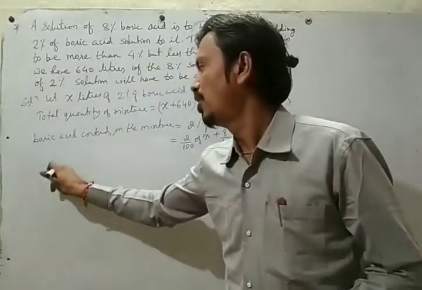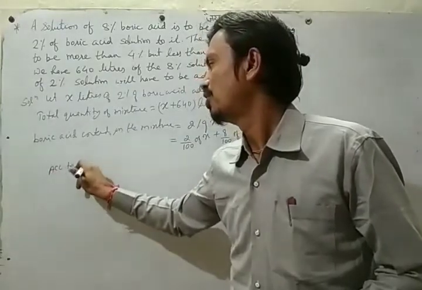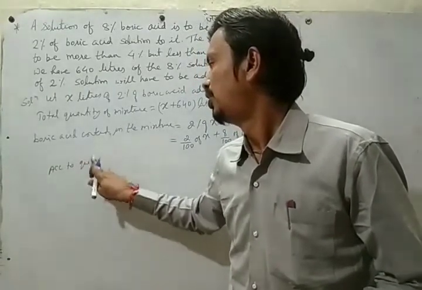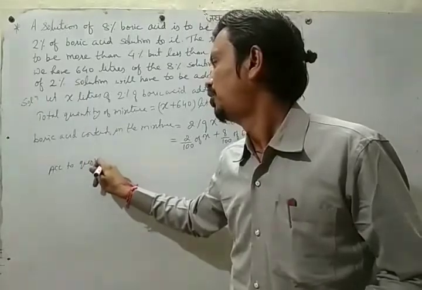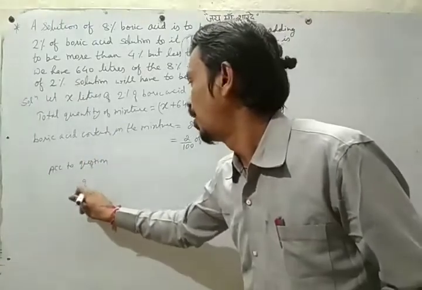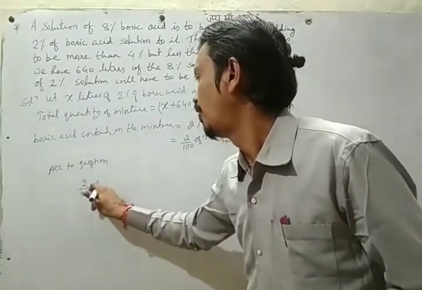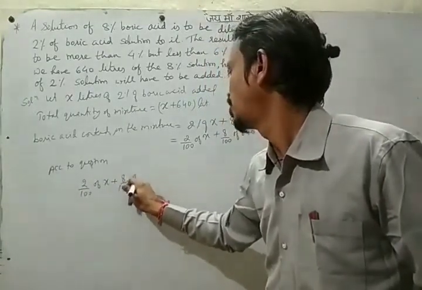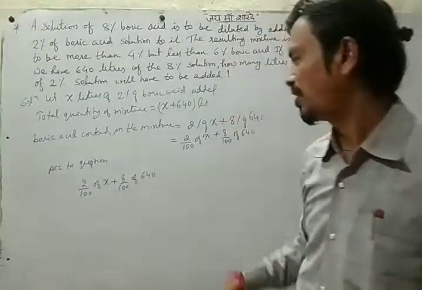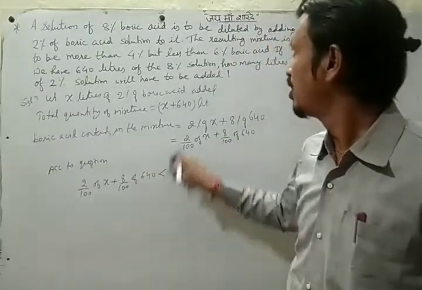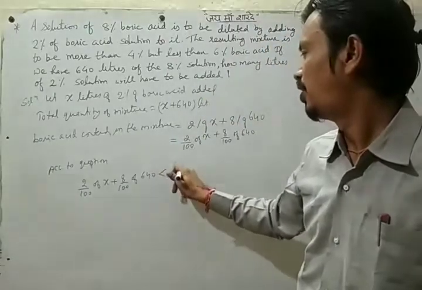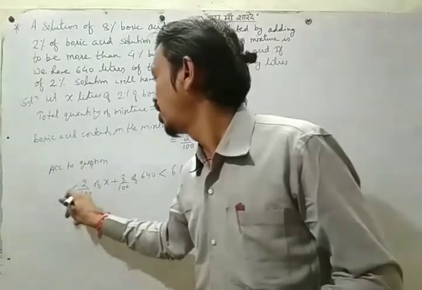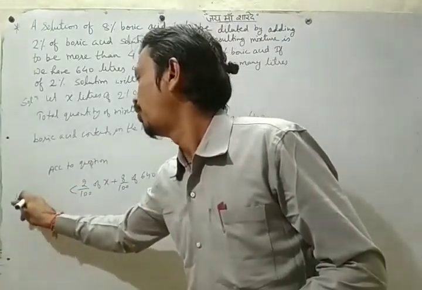So according to the question, this 2 by 100 of x plus 8 by 100 of 640, this boric acid is less than 6% of, and here more than 4% of.